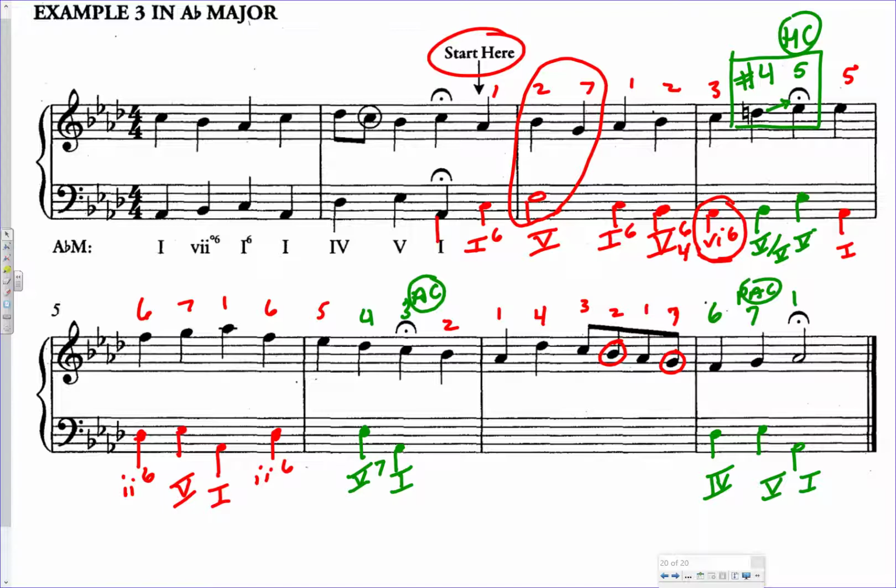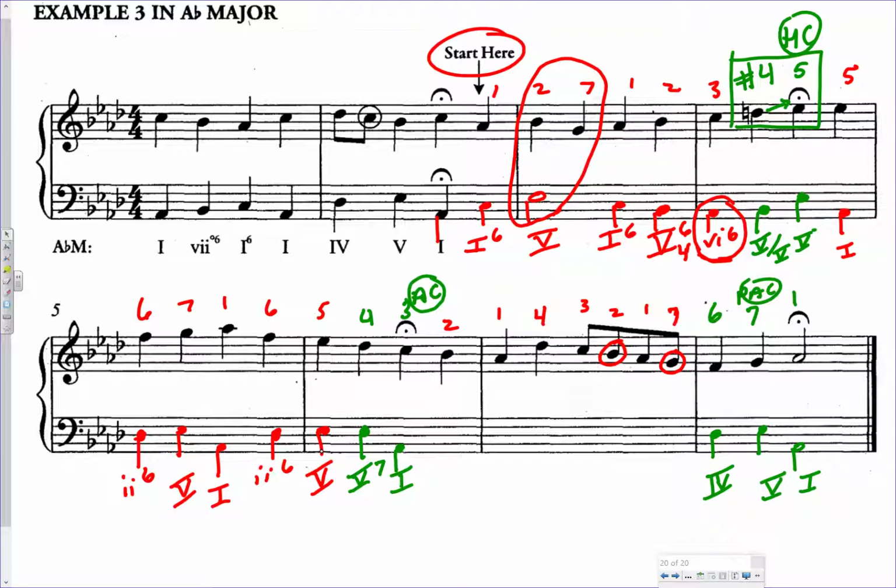Measure 6, we start out on sol, or the 5th scale degree in the soprano. And again, 2 loves to go to 5, so why not put a 5 here that can travel to our cadence point, 5-7 to 1.